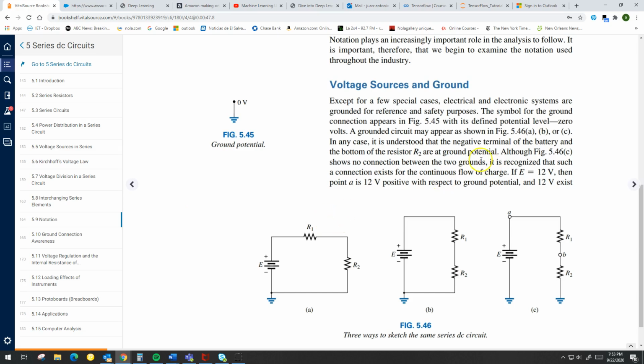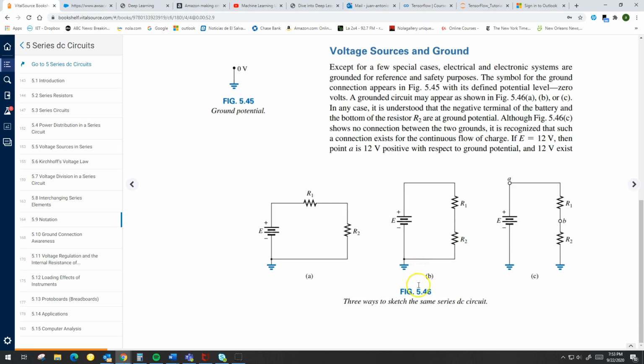Sometimes we indicate that ground may be different, but for most practical purposes, we define it as 0. In these circuits here, if you look at the circuits, based on the ground symbol, we can draw the circuit in these 3 ways, and they still represent the same circuit, right? A lot of times we draw schematics like this just to make them look nice, but you can draw it really any way you feel comfortable with, as long as you don't change the actual circuit itself.